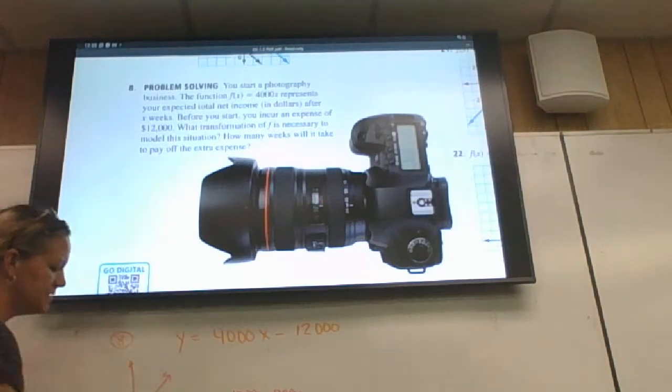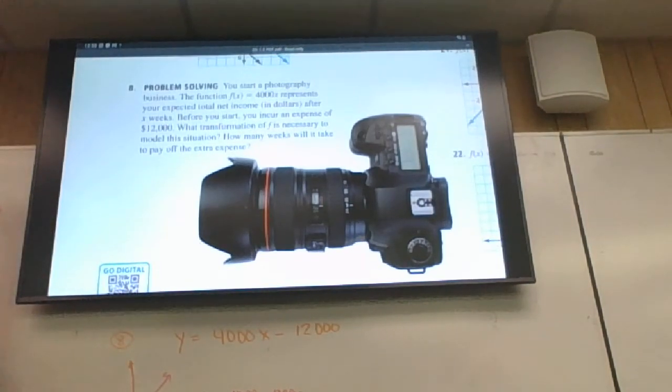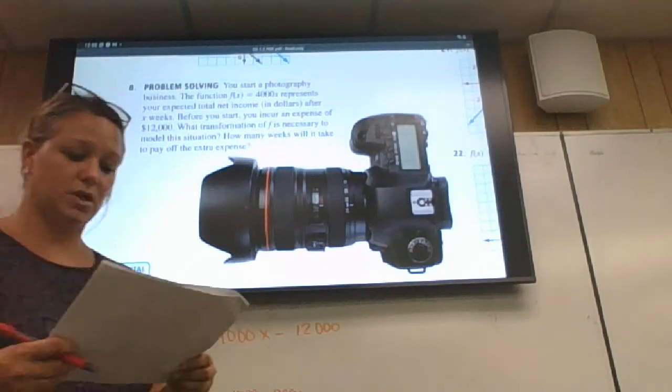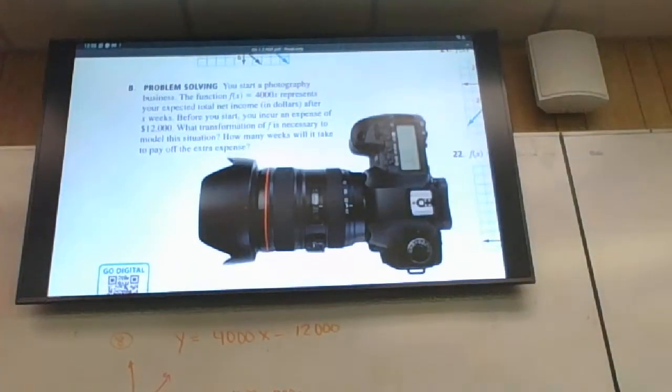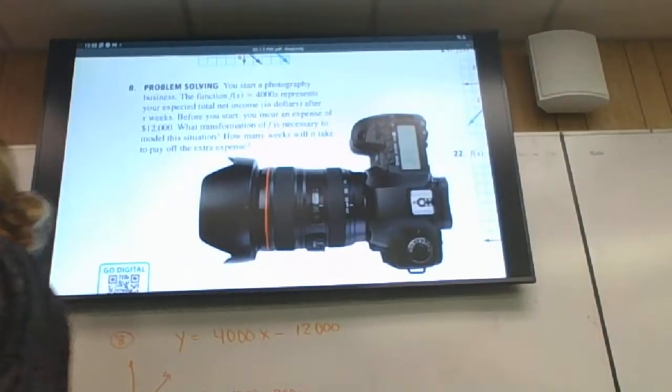So this expense shifts your whole income possibilities, taking you down 12,000. Does that make sense? Okay. How many weeks did it take you to pay off the expense? 3 weeks. Yep. 12,000 minus 12,000, you break even, and then you start making 4,000 a week, I guess, for the rest of your life. So good job with your business. I'm going to put up the answers for you guys to check now that you talked about it a little bit.